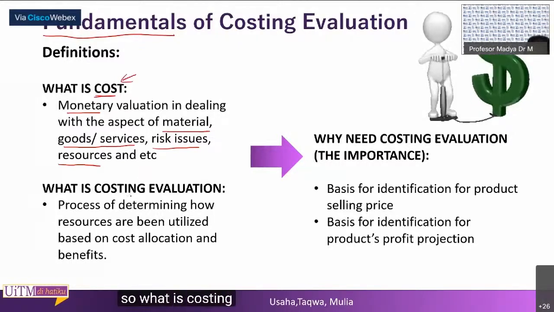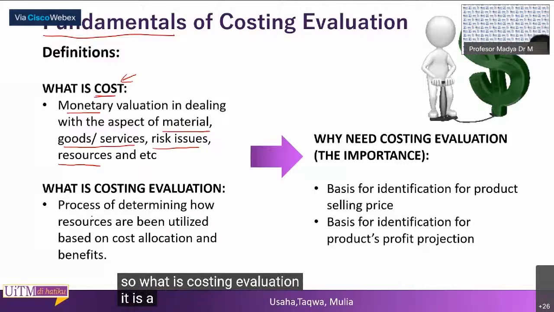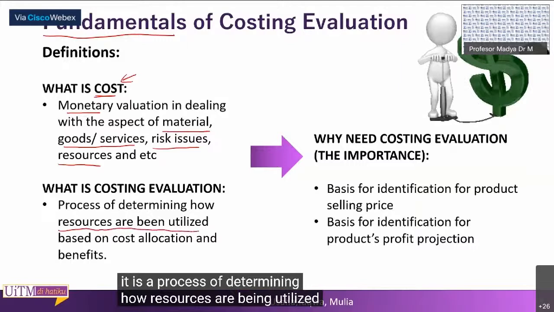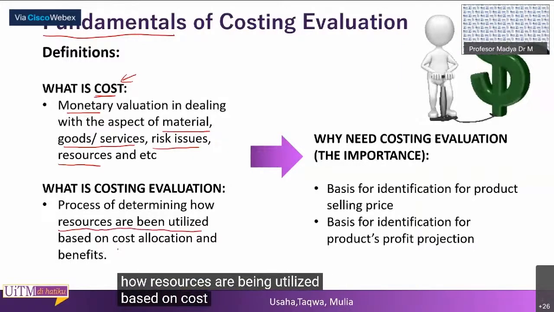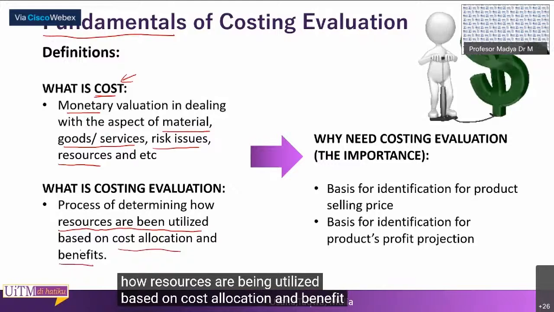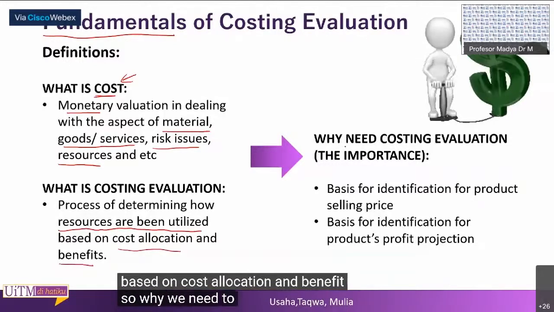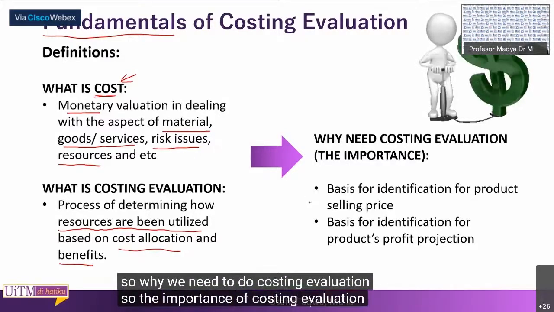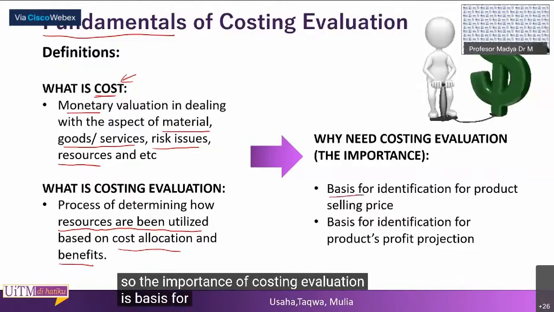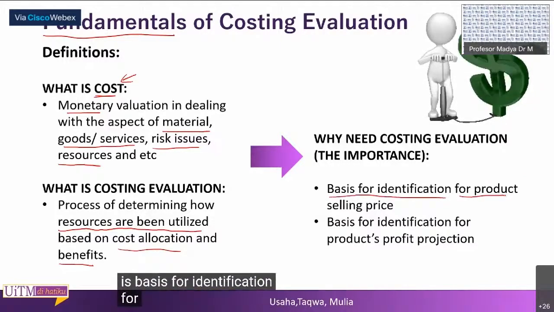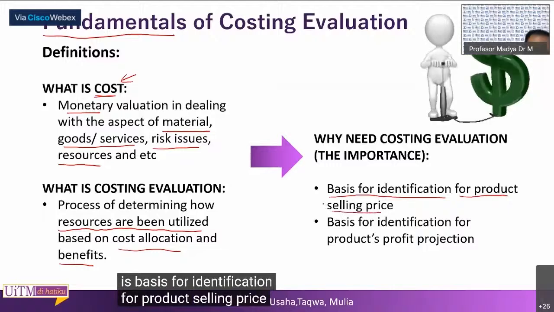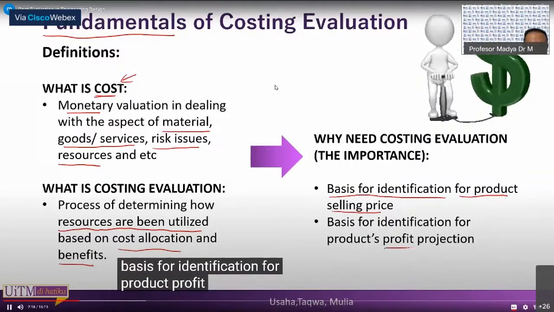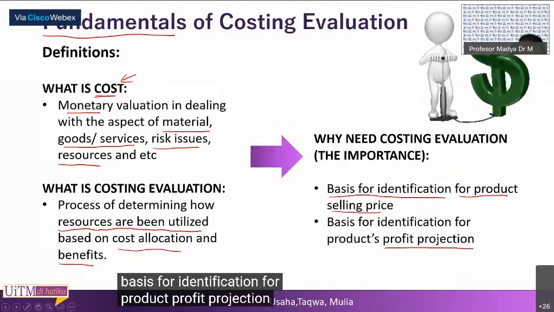So what is costing evaluation? It is a process of determining how resources are being utilized based on cost allocation and benefit. So why do we need to do costing evaluation? The importance of costing evaluation is basis for identification for product selling price, basis for identification for product profit projection, right?